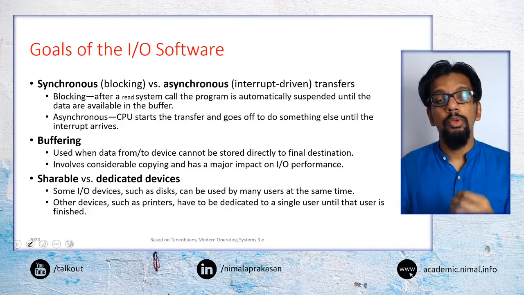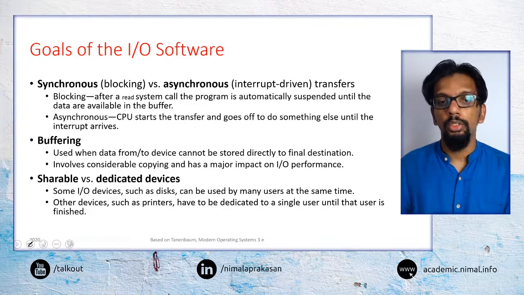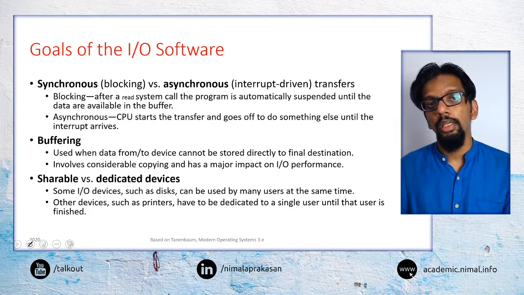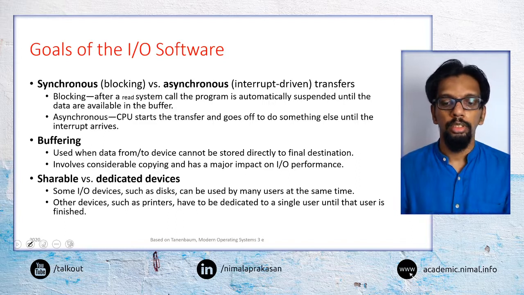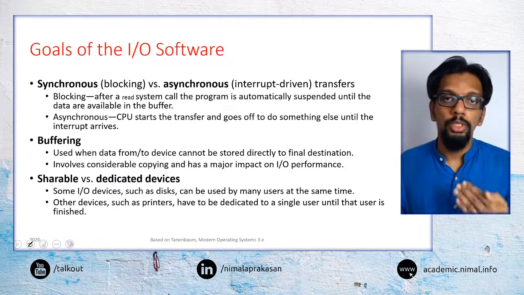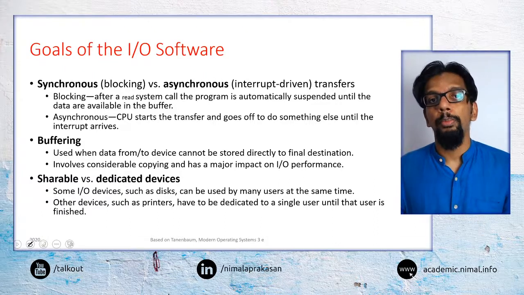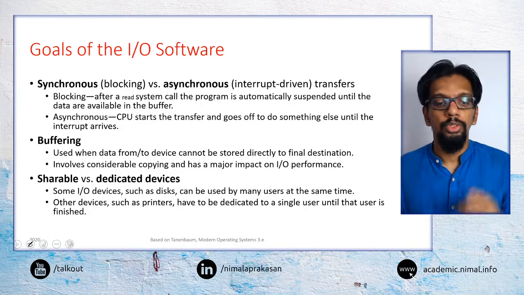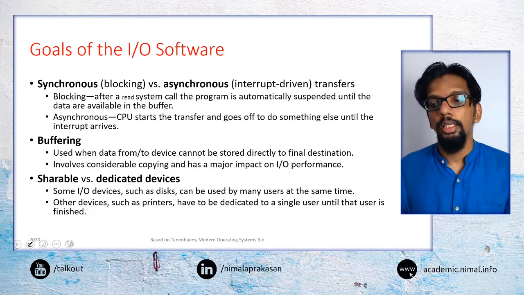In that case, we may want the operating system to designate those as dedicated to a particular process. That type of control is something that we may need depending on the circumstances. Say, for example, a printer can only be assigned to a single process until a particular print is completed. When it is transferring that information, it should be allocated as a dedicated device.